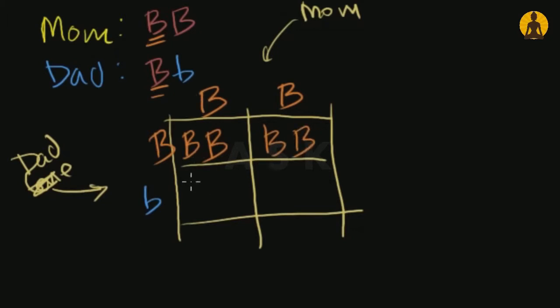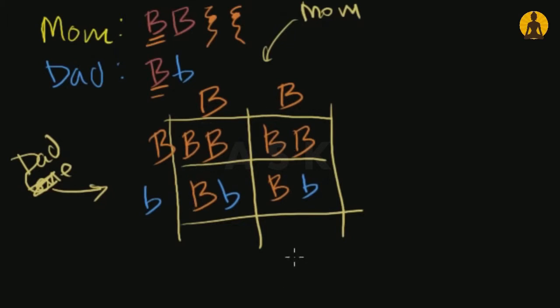Or you could get a brown allele from the mom and a blue-eyed allele from the dad. Or you could get the other brown-eyed allele from the mom. When the mom has two homologous chromosomes, each of them has the same brown allele on it. So I could get the other one from my mom and still get this blue-eyed allele from my dad.